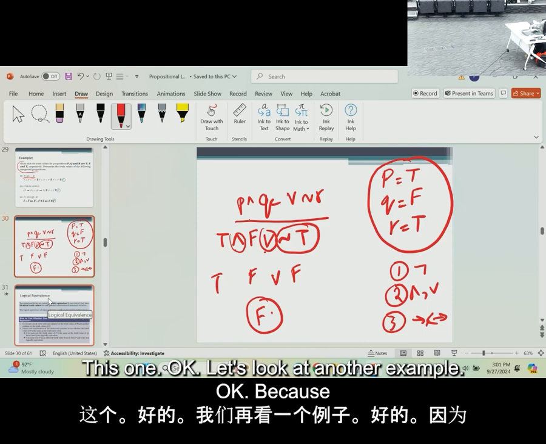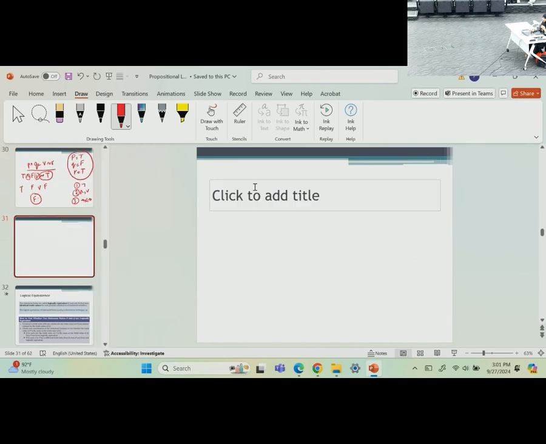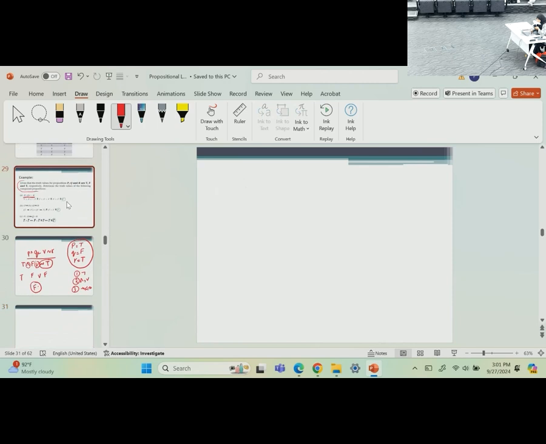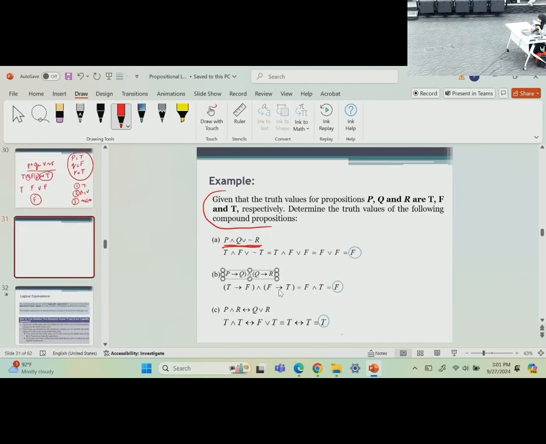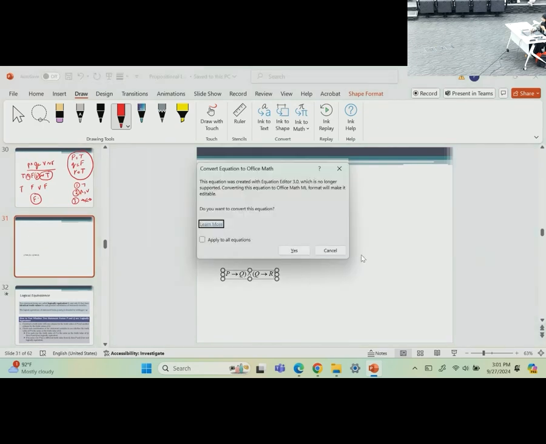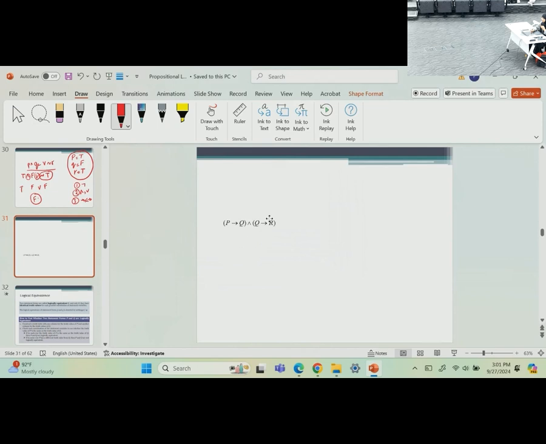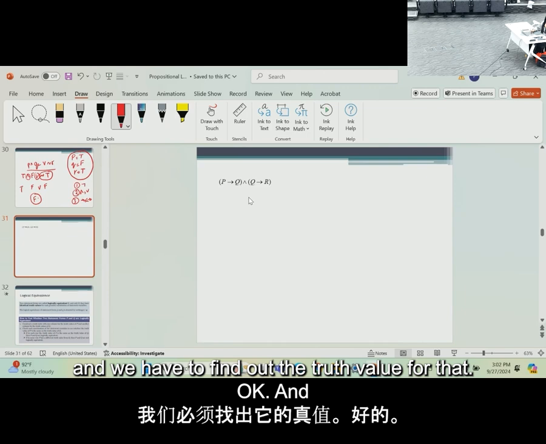Okay, let's look at another example, because we have it over here. Let's say this compound proposition is given to us and we have to find out the truth value for that.